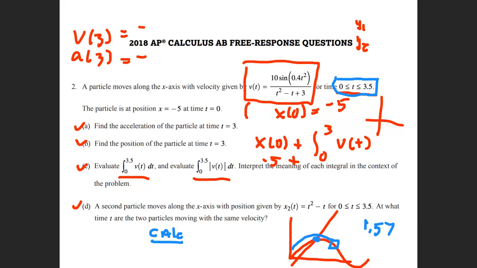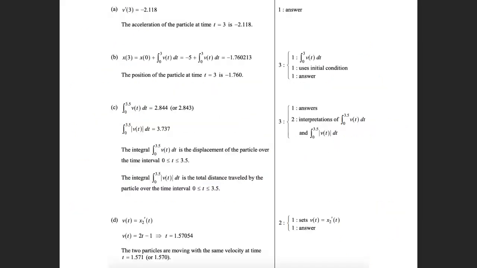Okay, so 1.57. All right, so in this problem right here, here are all the values. I thought it was a fairly easy particle motion problem. Most of the particle motion problems are fairly easy. 1 point for finding the acceleration, 3 points for finding the position of the particle, 3 points for finding the displacement and the total distance.